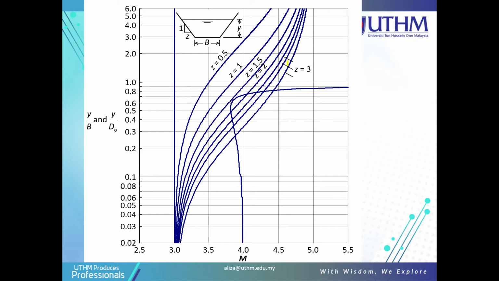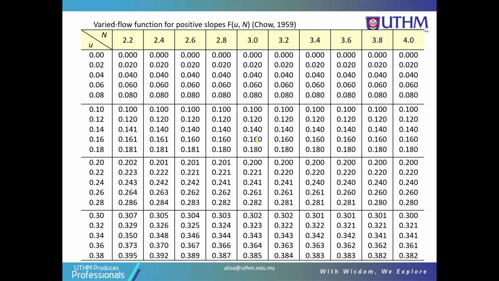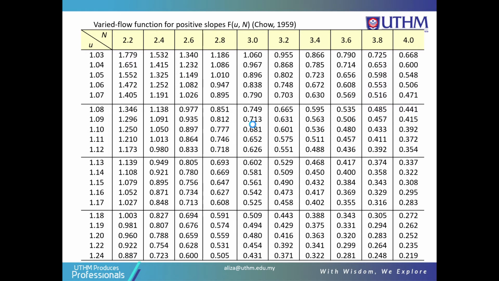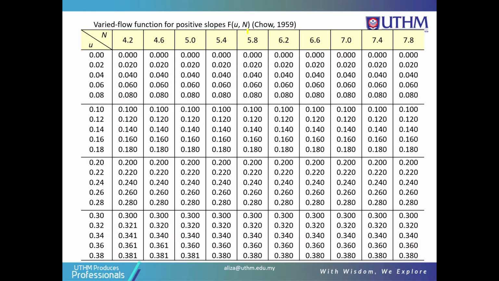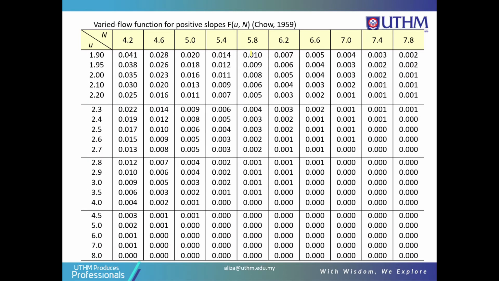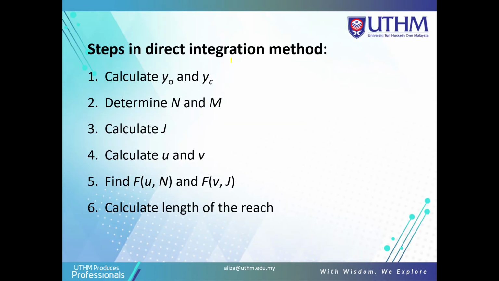No need to find it from this chart. This is just for your knowledge. So M and N you can find from this table, which is given to you. And this is the varied flow function for positive slope, F and U.